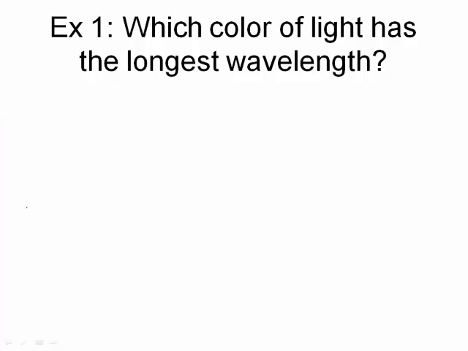So which color of light has the longest wavelength? If we look from longest to shortest, we've got Roy G. Biv. Our longest wavelengths happen on the left-hand side, so red would have our longest wavelength.